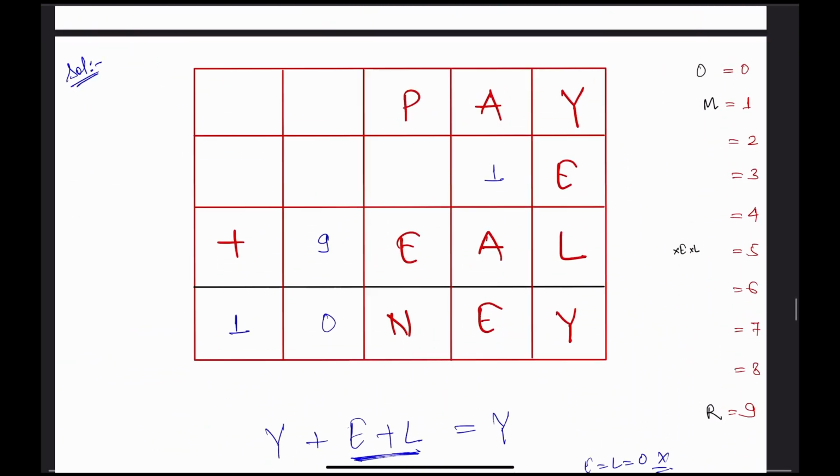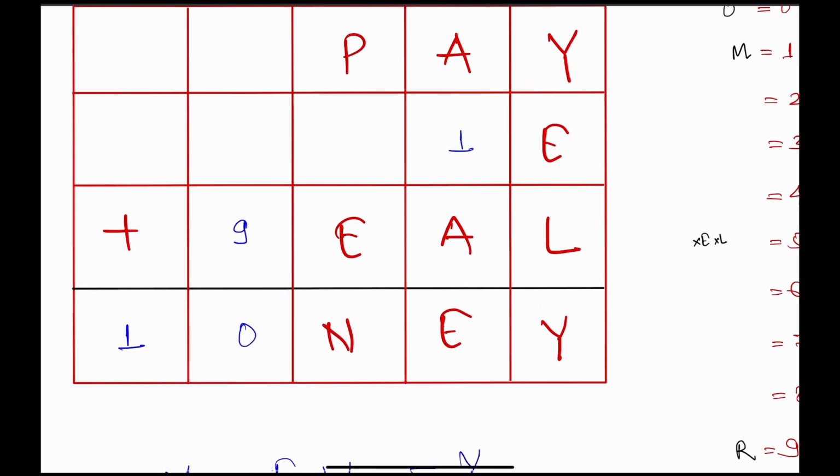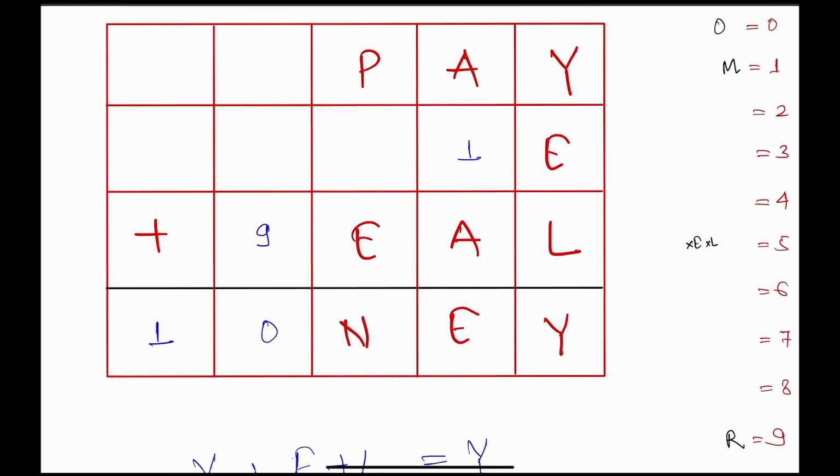Okay, so till now we have done till here. We cannot say for sure that there is some carry which came over here. One thing is there, E is coming over here, so it's easy to attack E.